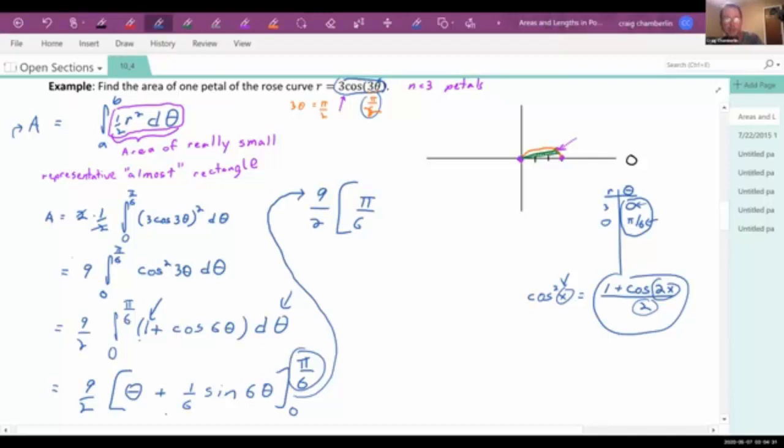Now, pi over 6, and then what are we going to get for 1/6 sine of 6 times pi over 6? Well, you get sine of pi eventually, right? That should just be 0. Minus, what happens when you plug 0 into both of these? Not a lot, right? 0. So we get 9 pi over 12, but what does that reduce to?